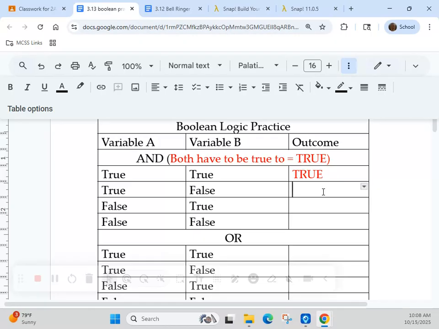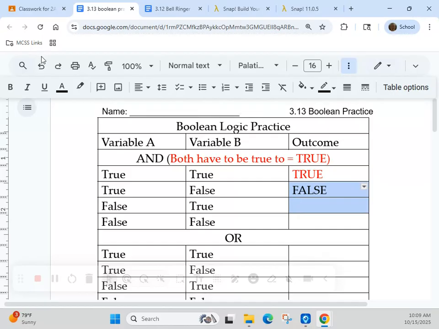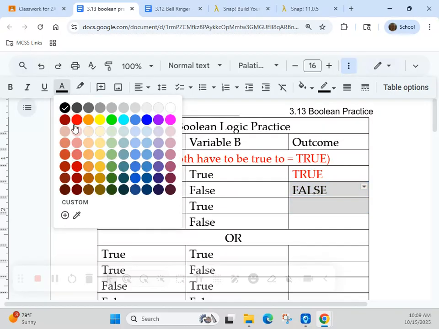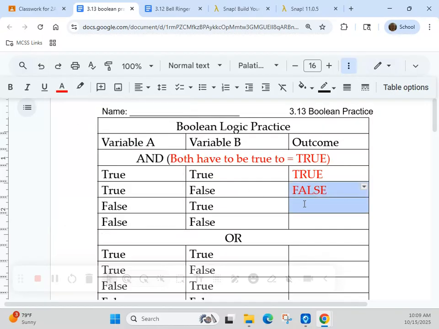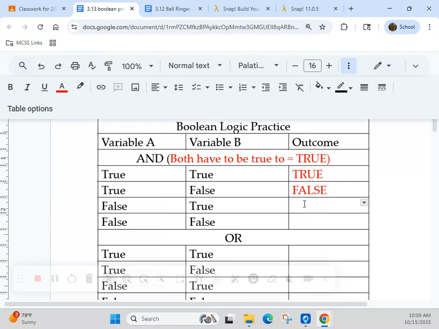They're getting two different things. So that would have to be false. And it doesn't matter whether the first thing is false and the second thing is true, or the first thing is true and the second thing is false. Either way you go, it's going to be false. And to me, that always kind of makes sense.